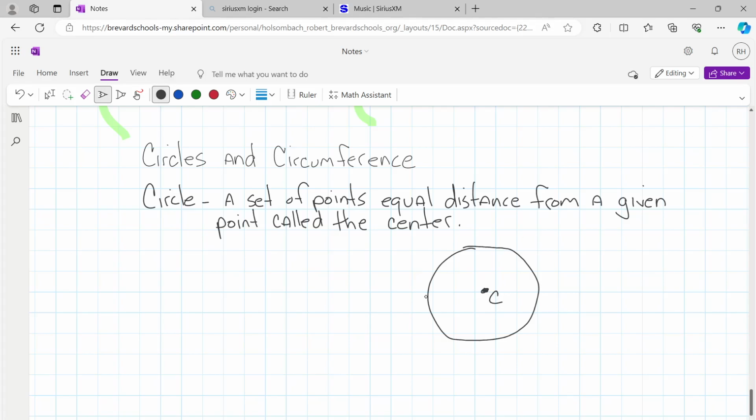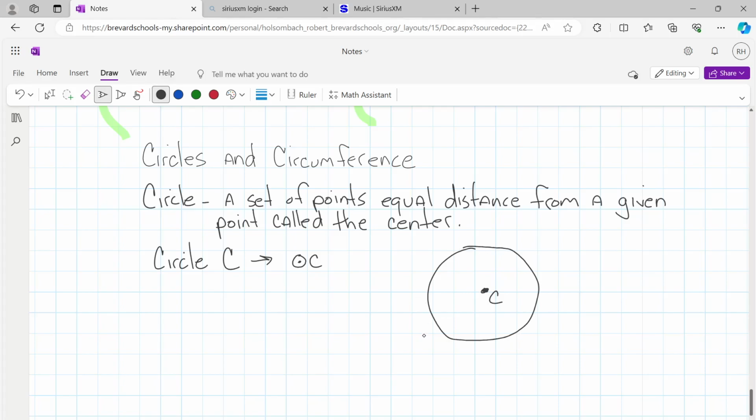All right, so the symbol for circle C is just a little circle with a dot in it and the capital letter that corresponds to the center of the circle. Okay, so we would call this circle C.